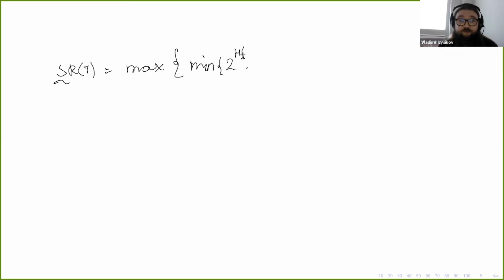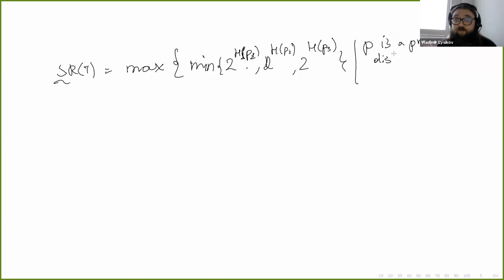The asymptotic slice rank of T is actually the maximum of the minimum of 2 to the H of P1, 2 to the H of P2, 2 to the H of P3, where P is a probability distribution on the set where T_ijk is not 0, and P1, P2, and P3 are marginal distributions.